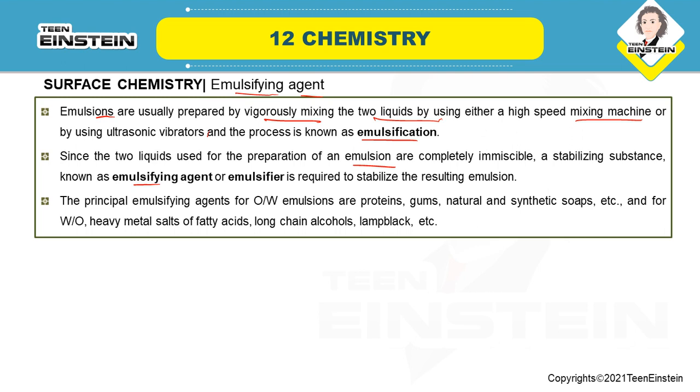As there are two types of emulsion, oil in water and water in oil, the emulsifying agent will differ depending on what type of emulsion you are trying to make. If we want to make oil in water emulsions, we have to use proteins, gums, natural and synthetic soaps, this kind of emulsifier. And for the other type of emulsion, we will use heavy metal salts or fatty acids, long chain alcohol, lamp black, which is basically carbon particles, etc.